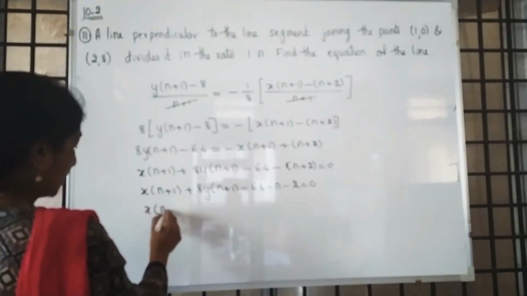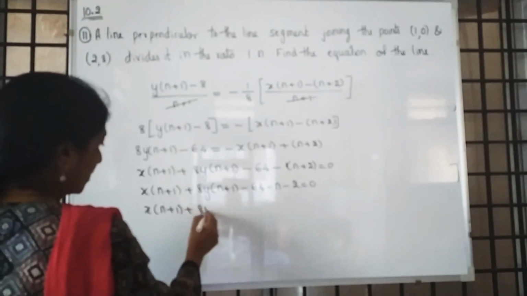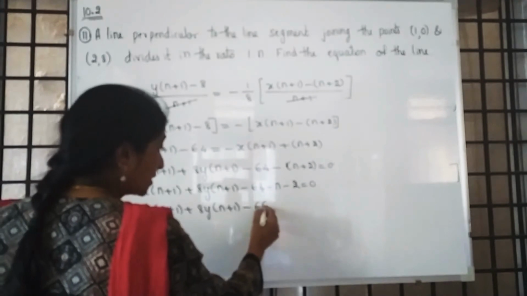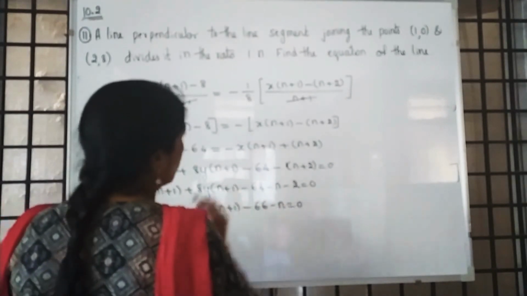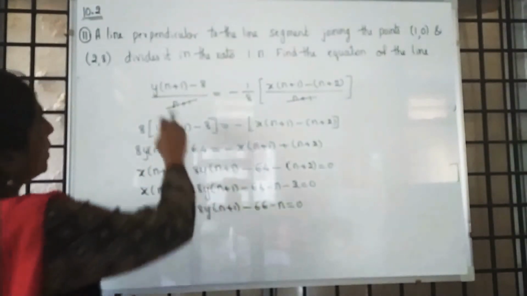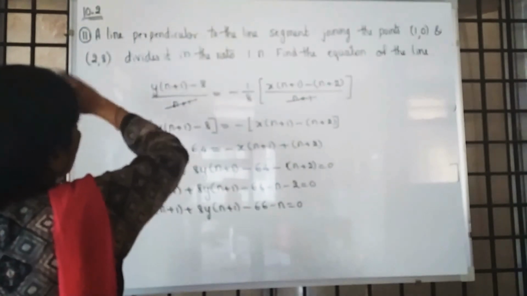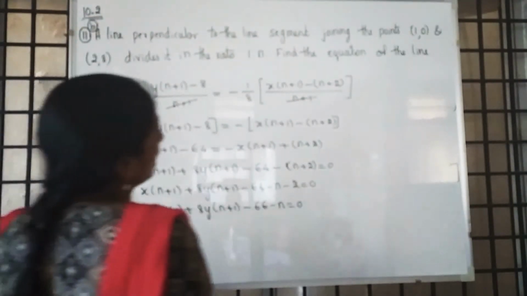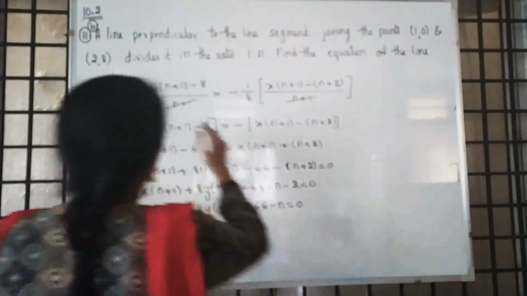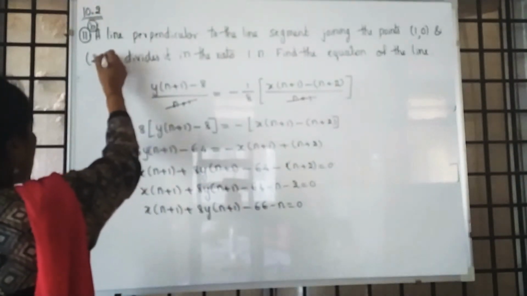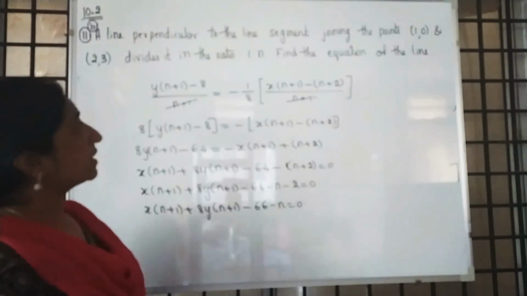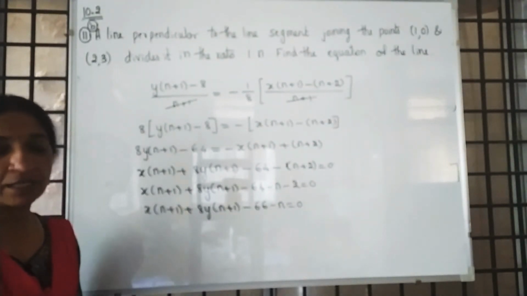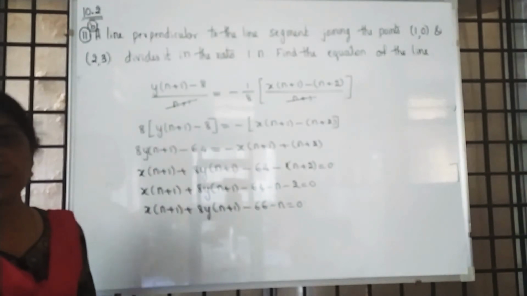That is x into (n plus 1) plus 8y into (n plus 1) minus 66 minus n is equal to 0. Take one sum as homework. Please make it 11b: a line perpendicular to the line segment joining the points (1, 0) and (2, 3) divides it in the ratio 1:n. Instead of 8, take 3. Take that as homework.